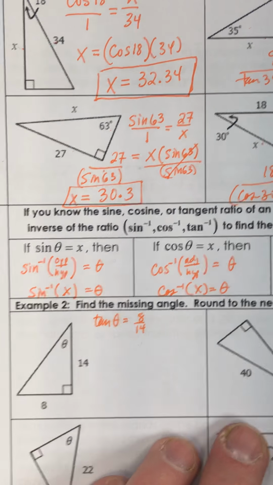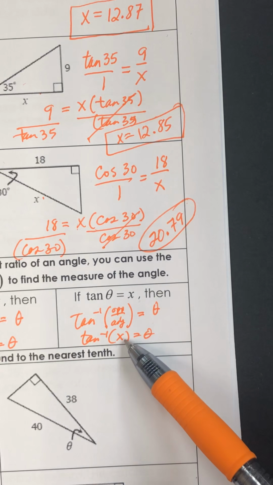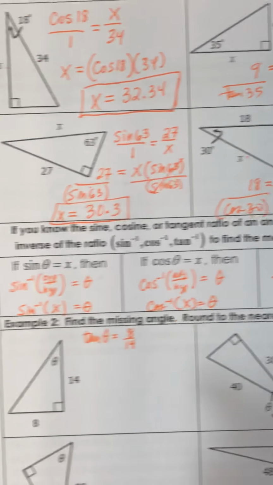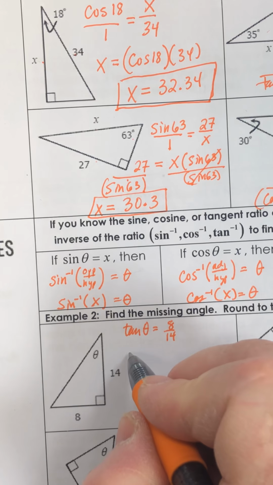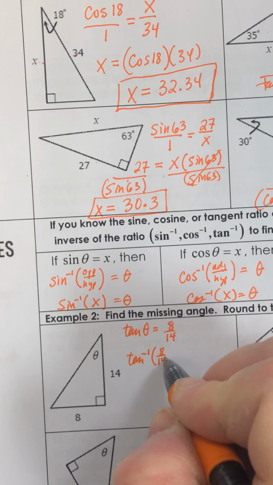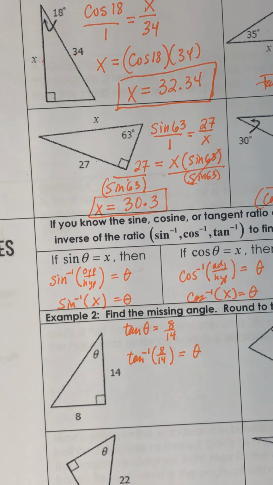Now coming back here to this example, the 8 over 14 is my ratio. So that's going to go here. So I need to rewrite this and say the inverse tangent of the ratio, or the fraction, is going to equal my angle, and that's what I want to find.